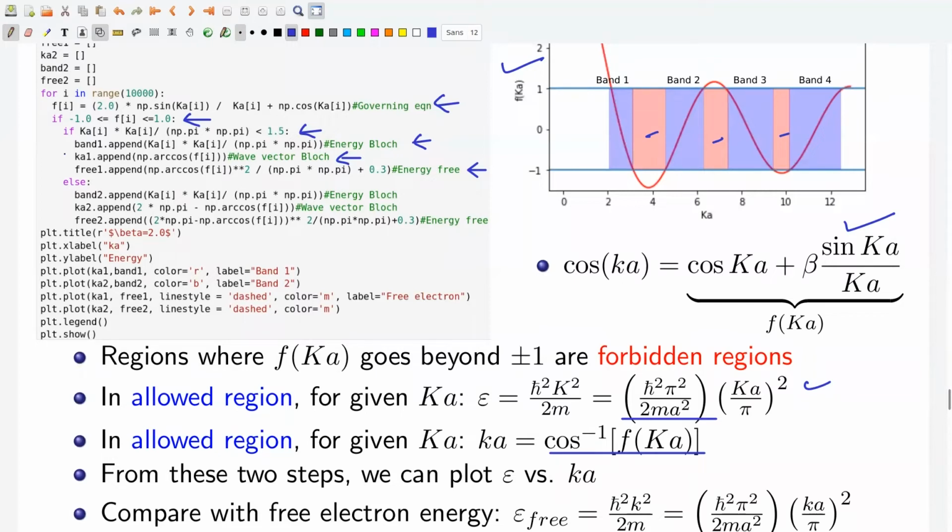Similarly, if the energy value lies in the second band, we calculate energy, we calculate the wave vector, and we calculate the corresponding free electron energy here in the code. Finally, we plot energy versus the wave vector and compare with the free electron energy. Note that free electron energy is obtained from the calculated value of the wave vector small k.